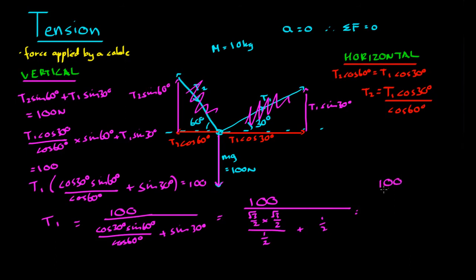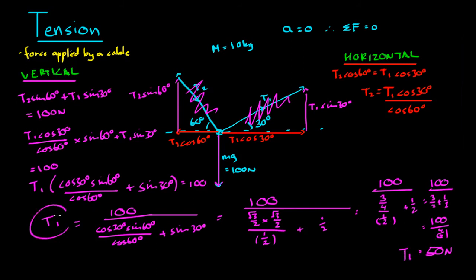That's 100 over 3 on 4 on 1 on 2 plus a half. That's equal to 100 over 3 on 2 plus 1 on 2. That's equal to 100 over 4 on 2 equals 50 newtons. So T1 equals 50 newtons.